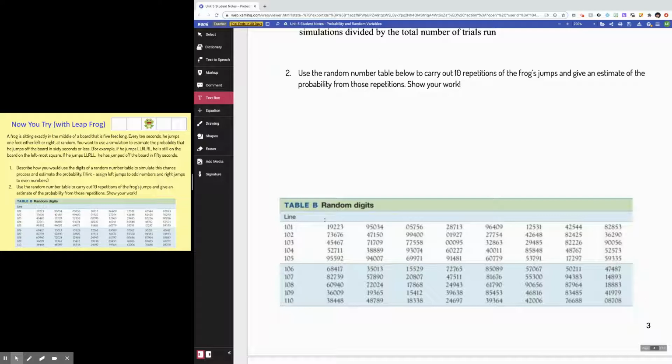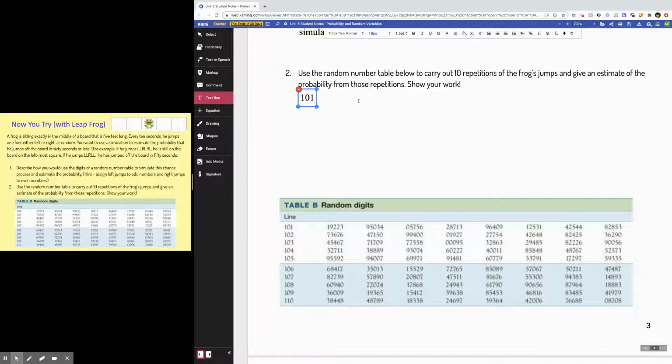I just need to count the first 6 digits that I see, because that represents the first 60 seconds, and we're going to see if he's still on the board or not.